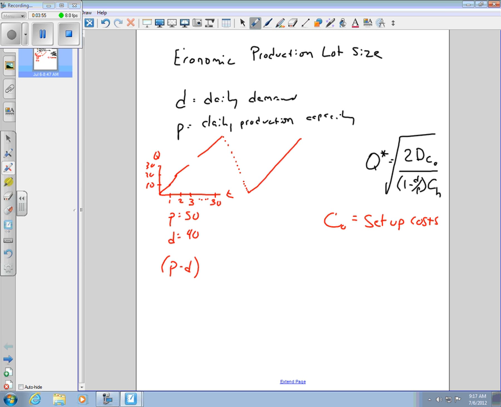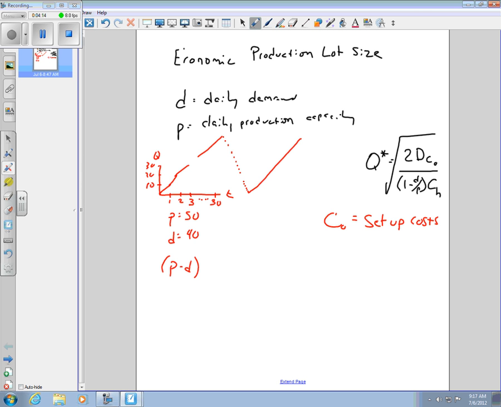Okay? So I've got to decide on a particular production run size. Do I go and produce a production of 30 times 50 or 1,500 units, and over that time period accumulate 30 times 10 or 300 units?